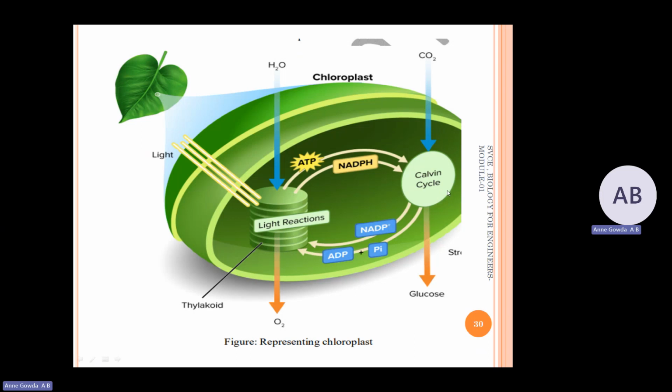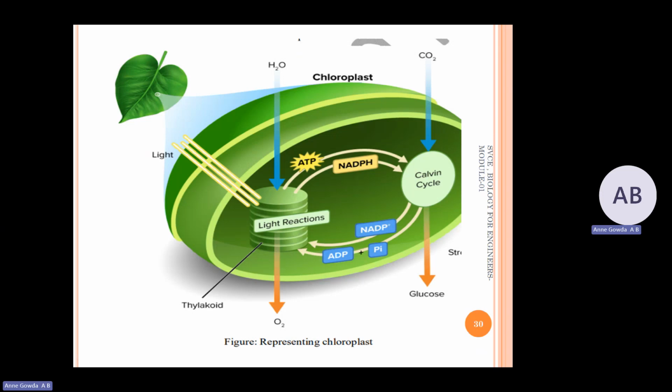Light is not required for the Calvin cycle. It makes use of the ATP and NADPH manufactured during the light dependent reaction, and carbon dioxide. It converts them into a sugar molecule, and that will be the main source of energy for the plants.